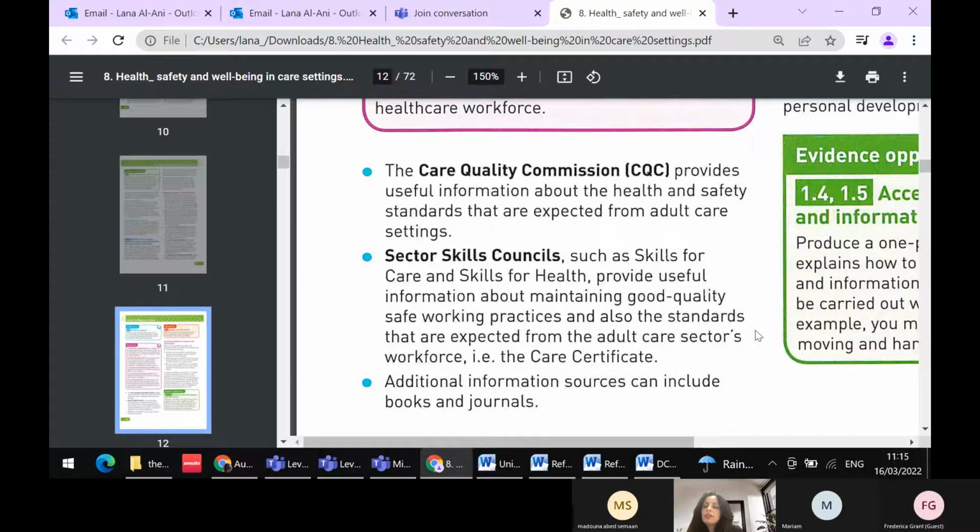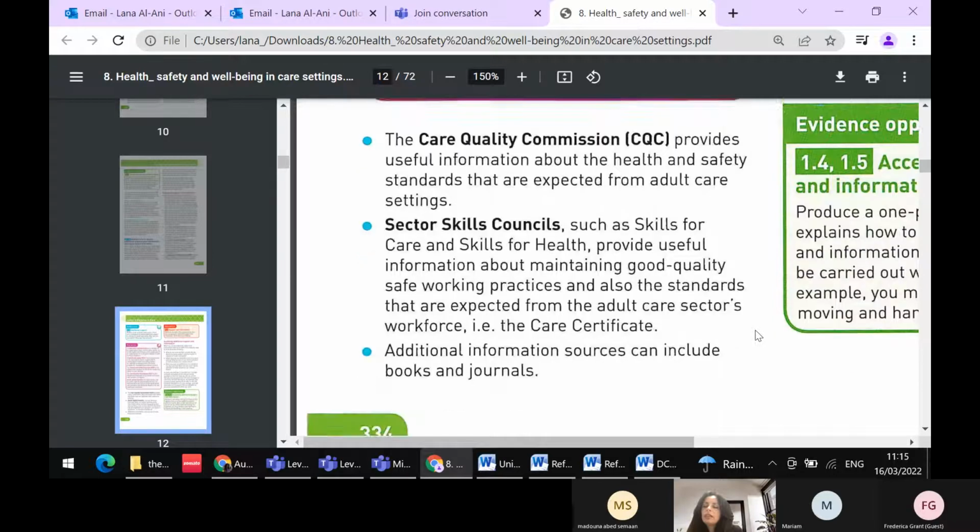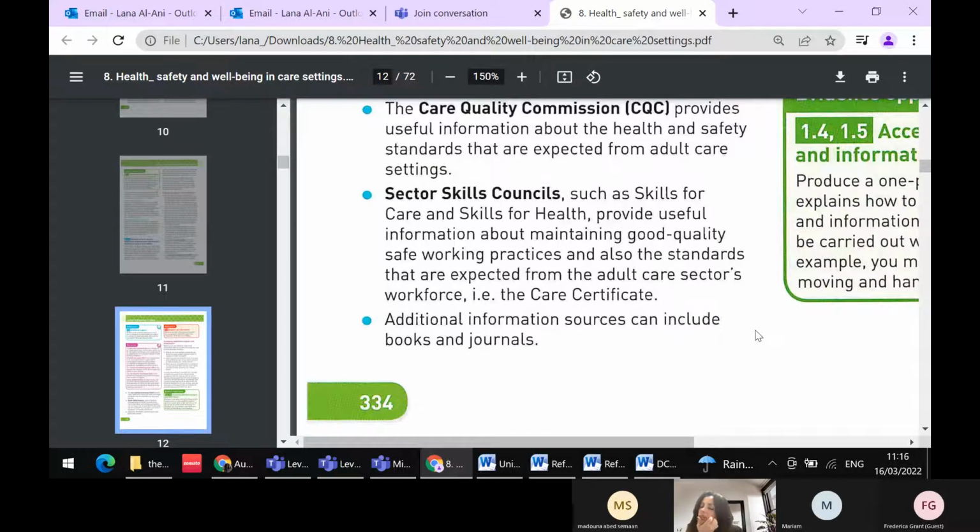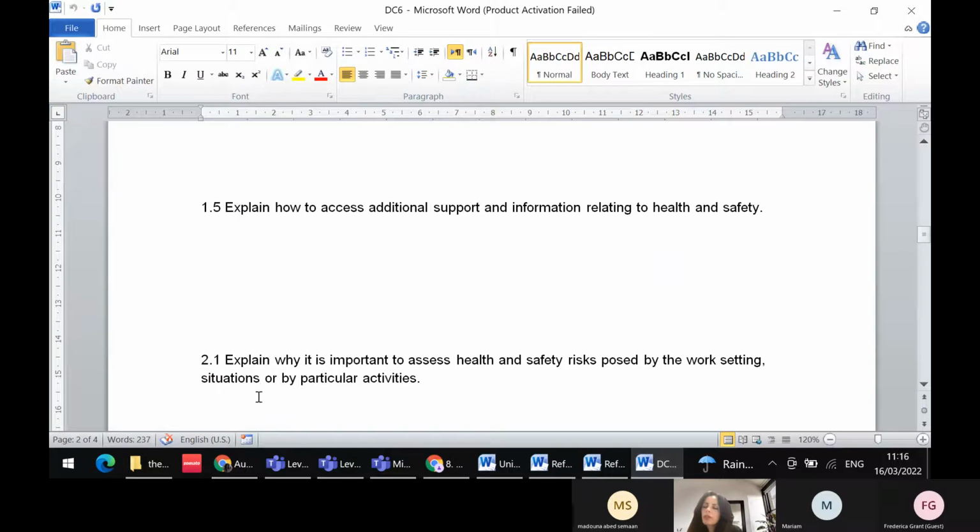Also, you can get more information from books, from journals, maybe searching online. So all these are good resources for information.